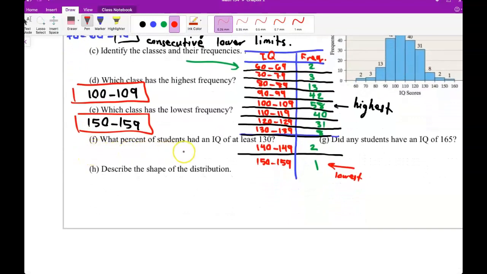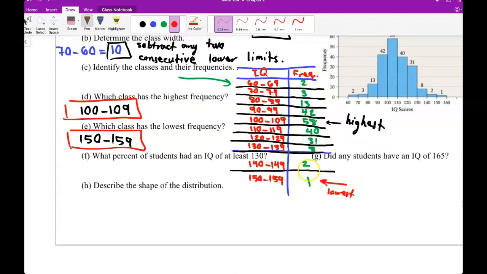Part F, what percent of students had an IQ of at least 130? So at least 130, so we have 130 or higher. And the frequency is these 3 classes, with frequency 8 to 1.